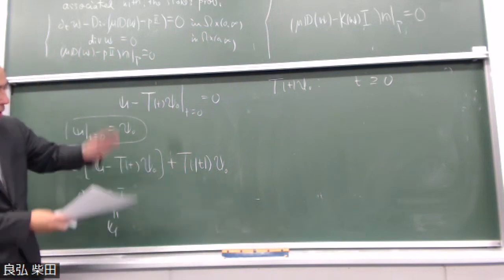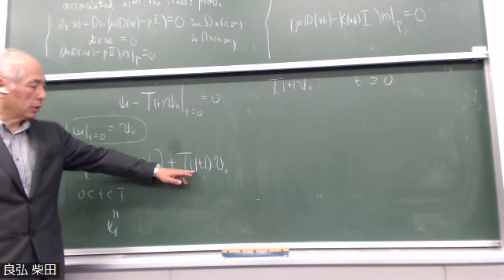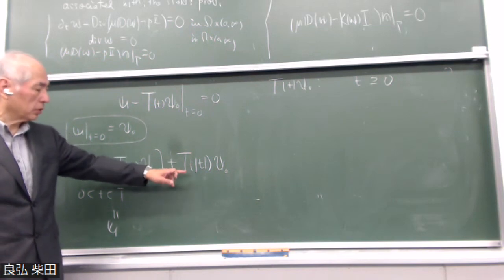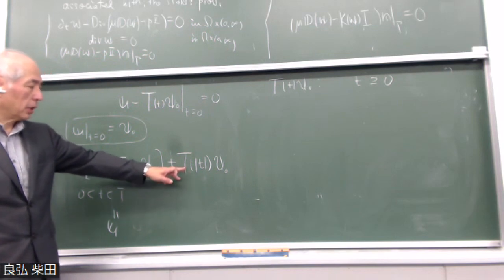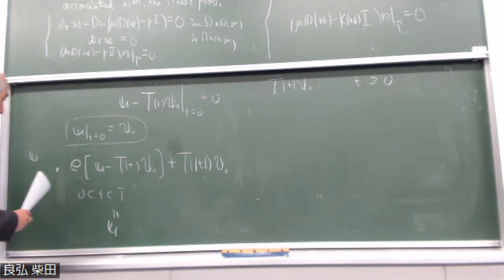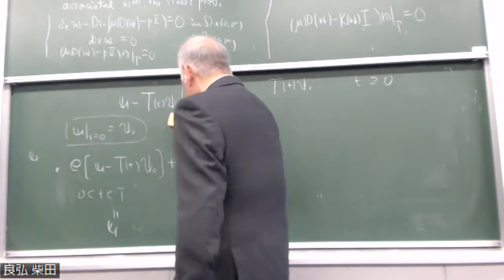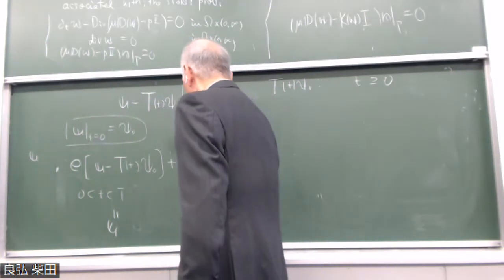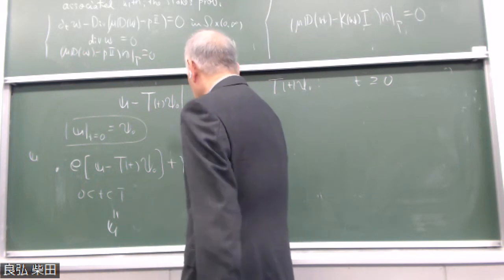This is differentiable: you can differentiate this once at t equals 0. So even. And then moreover, maybe it's better to use a cutoff function because I don't want to consider the negative t.